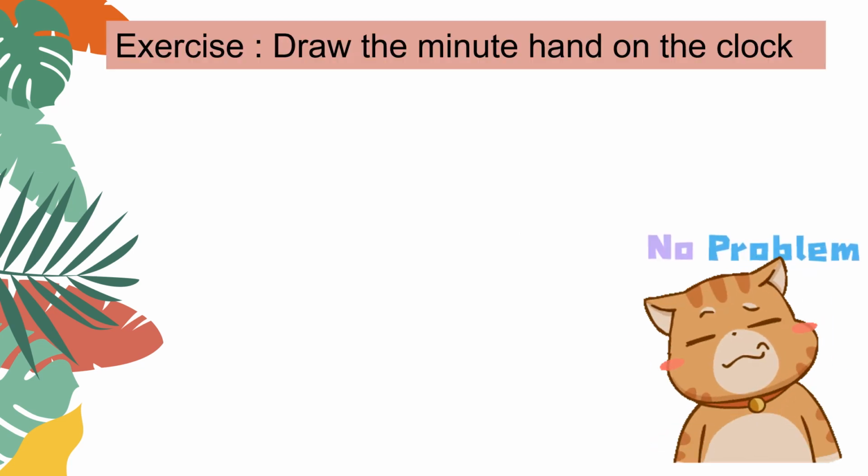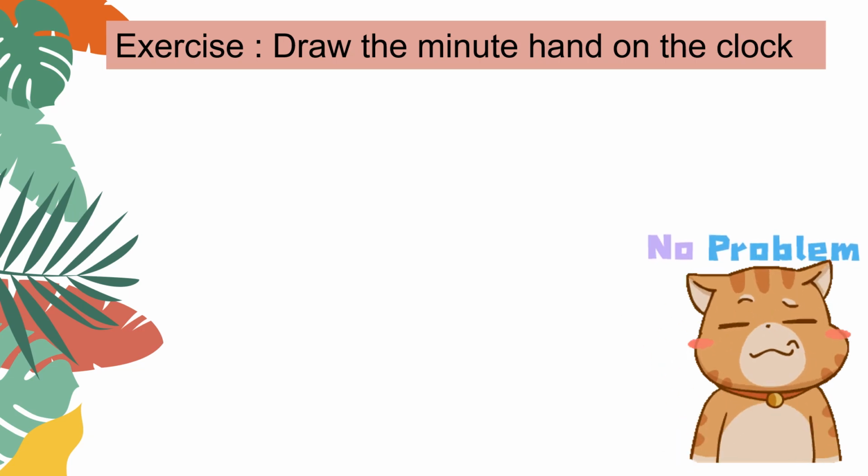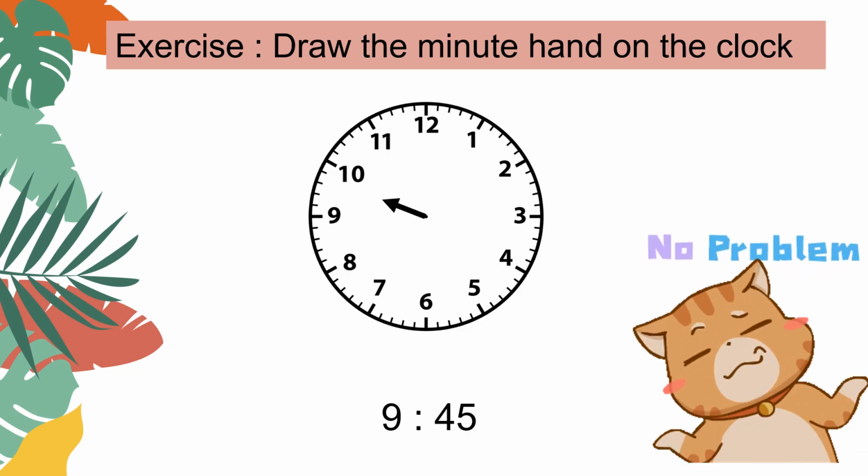Okay students, let's try. Draw the minute hand on the clock for 9:45. I give you 1 minute. Okay, so the 45 minutes, the hand will be pointing at 9.